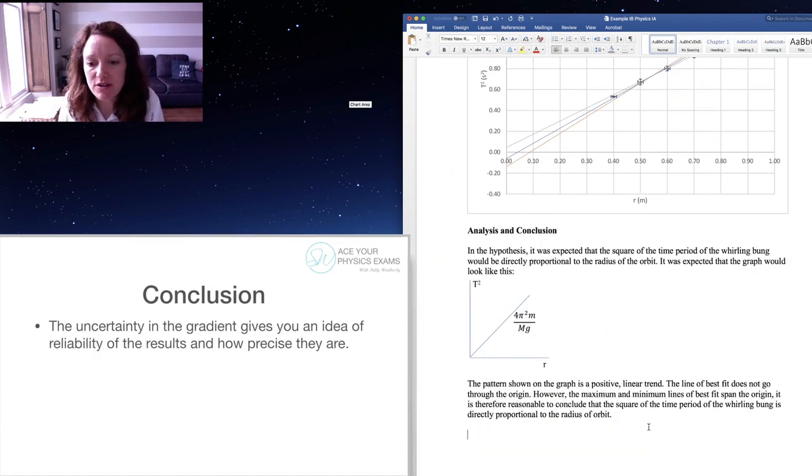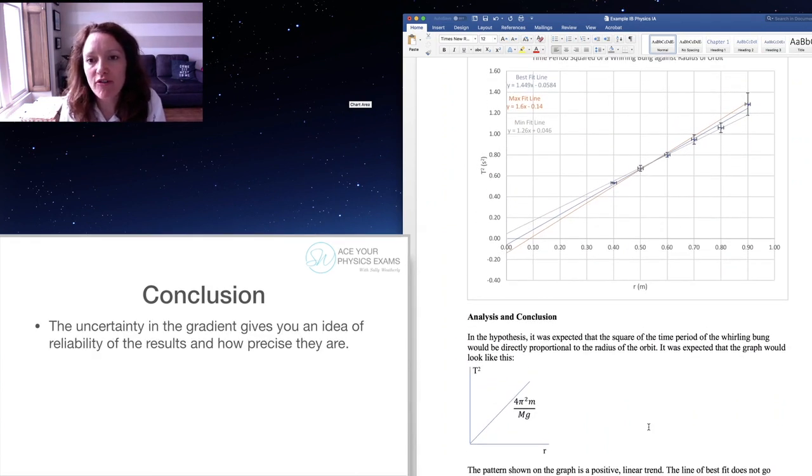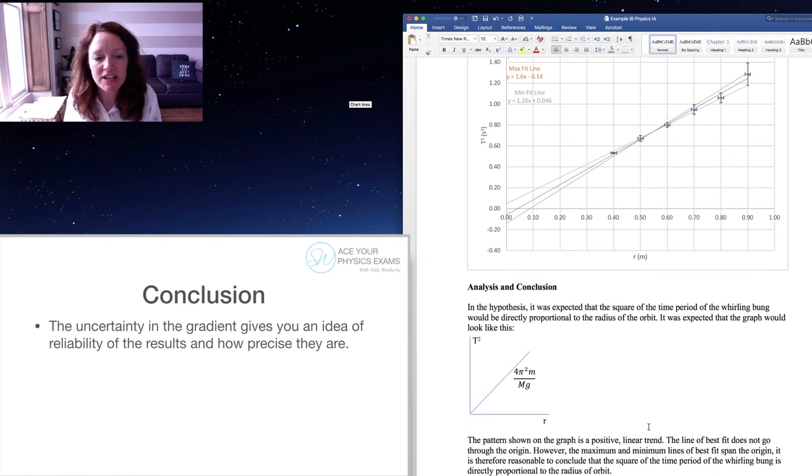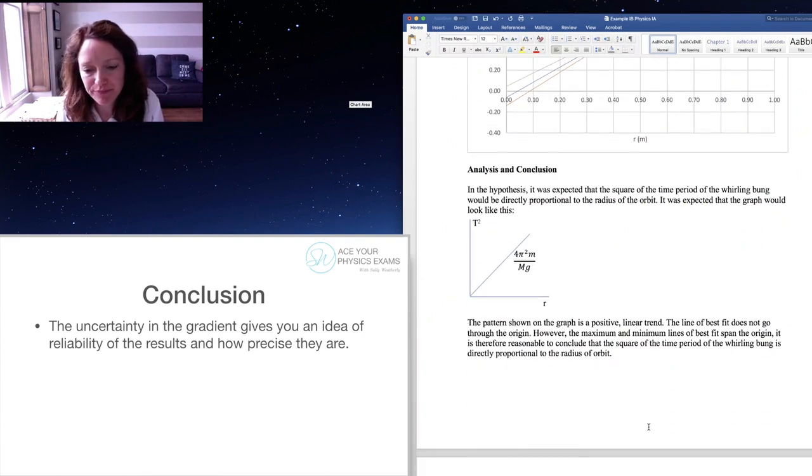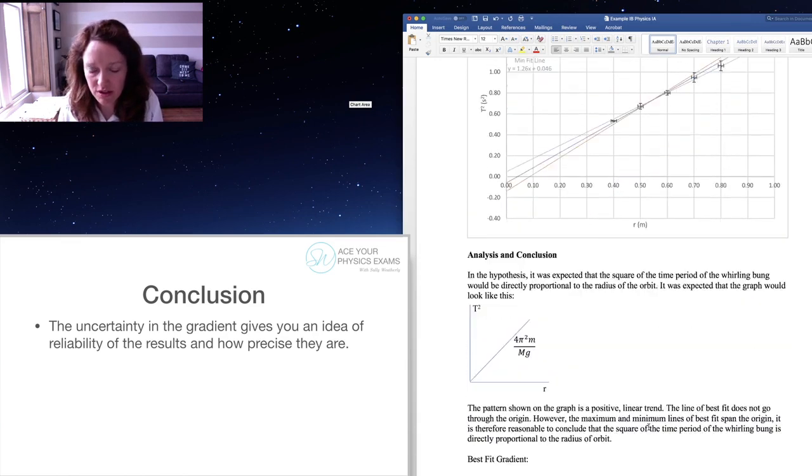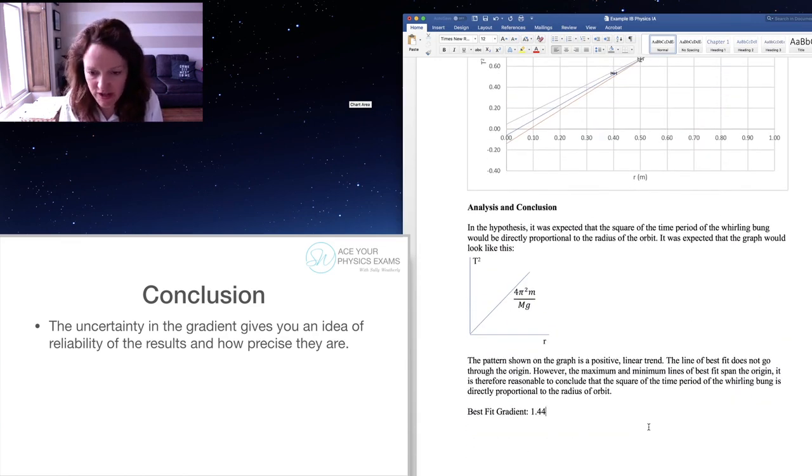Now what I'd like to do is take the values of gradient and come up with an uncertainty in the gradient, which will give me an idea of how precise the results are. So let's write down what the gradients are. So the best fit gradient is equal to 1.449.